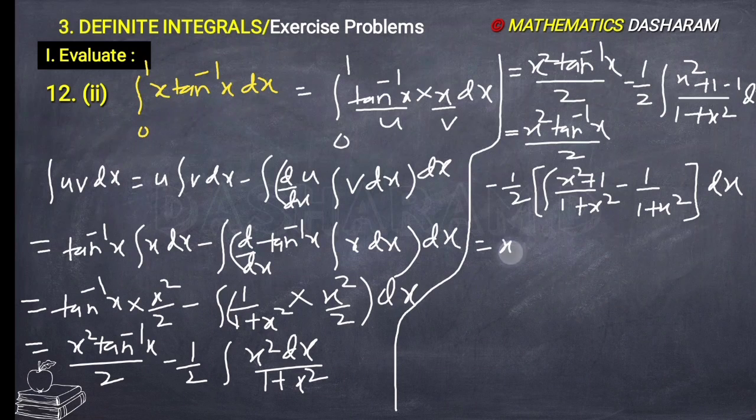So it is equal to x² tan⁻¹x/2 − 1/2 [∫1 dx − ∫1/(1+x²) dx]. Here both are cancelled.